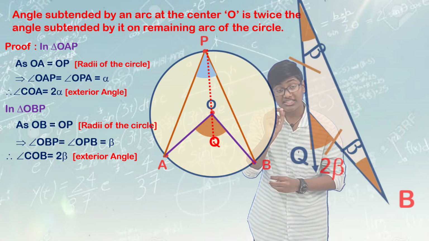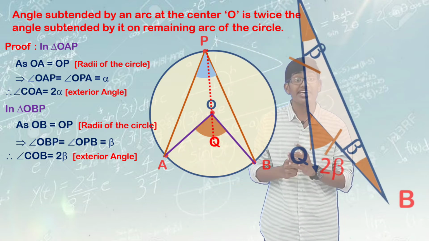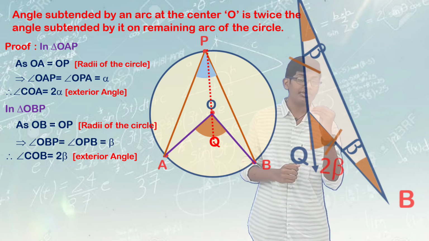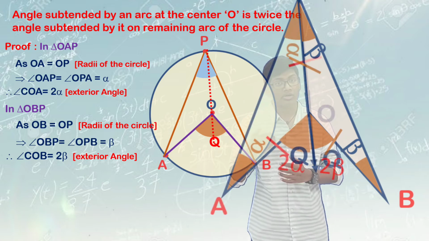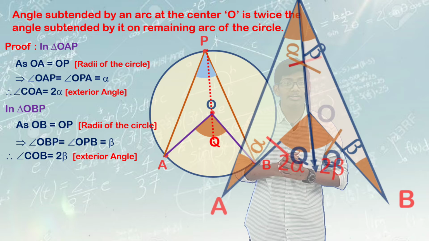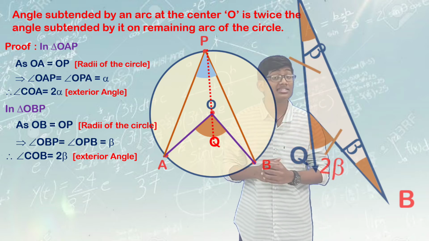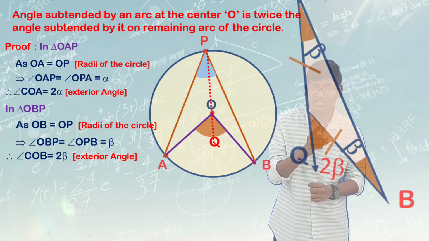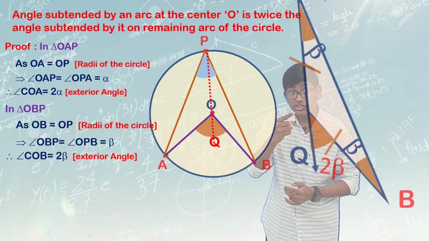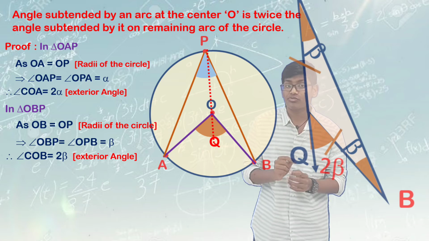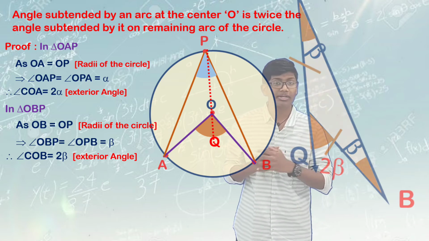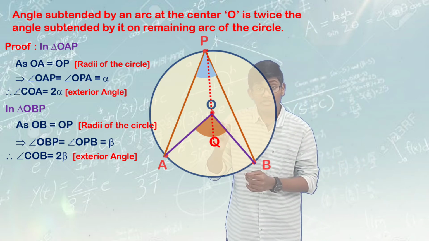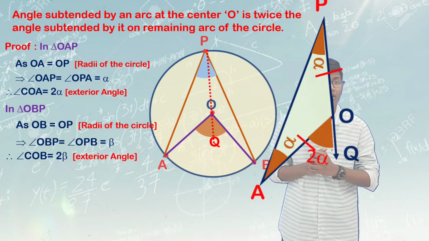Now this angle Q is the exterior angle of triangle BOP and triangle AOP. In triangle BOP, the exterior angle is nothing but the sum of angle P and angle B, so exterior angle will be equal to 2 times beta, that is 2 beta, and here this will be equal to 2 times alpha.